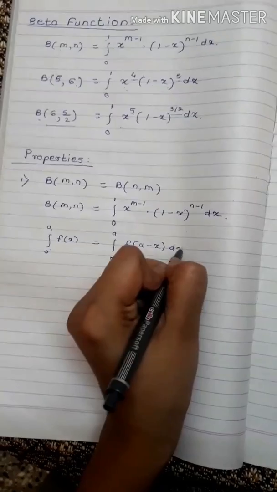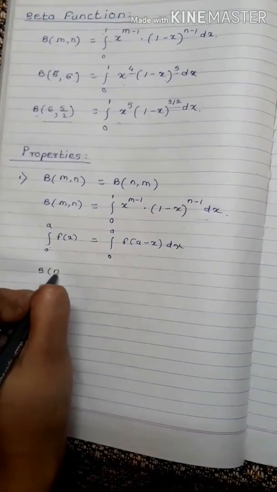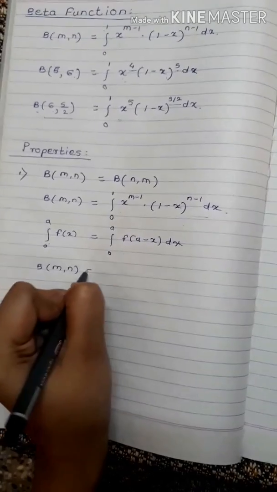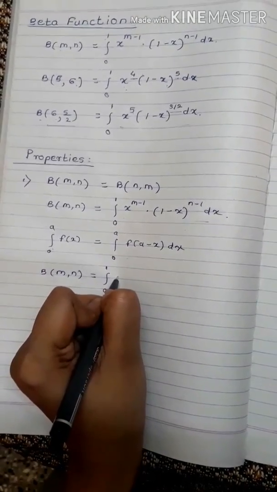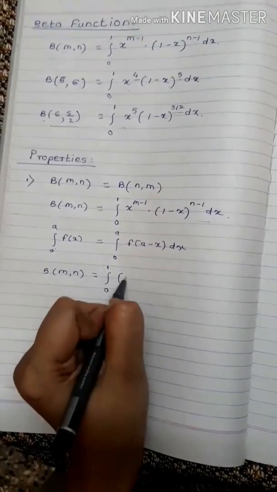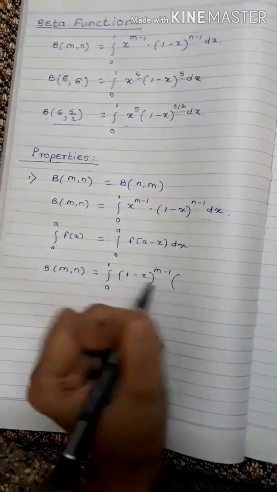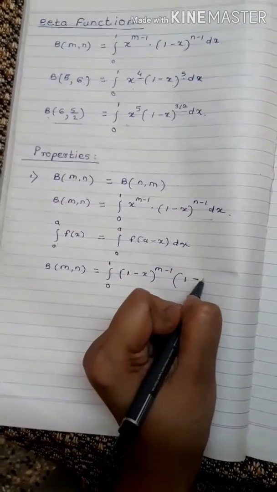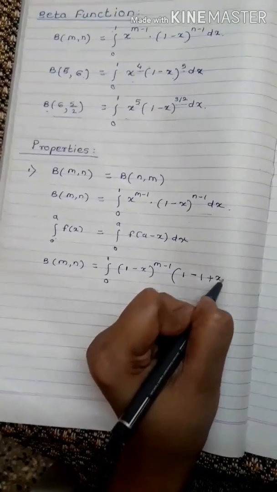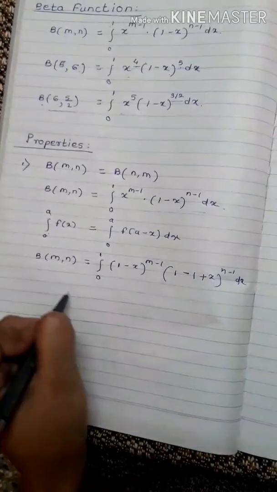The same property we are going to apply on this definition. So beta of m, n equals the integral from 0 to 1, and instead of x, I am now writing 1 minus x. Change x with 1 minus x, so this is 1 minus x minus 1, that is x, to the power m minus 1, and then x raised to n minus 1 dx.